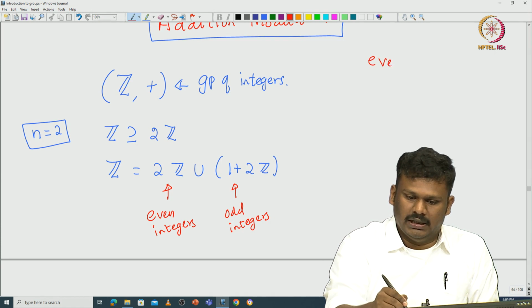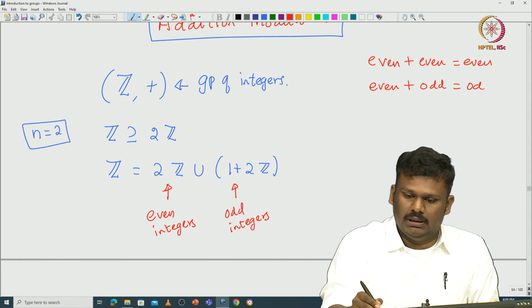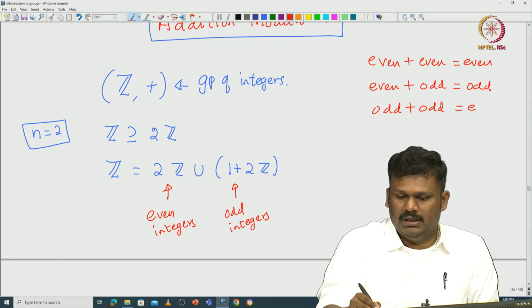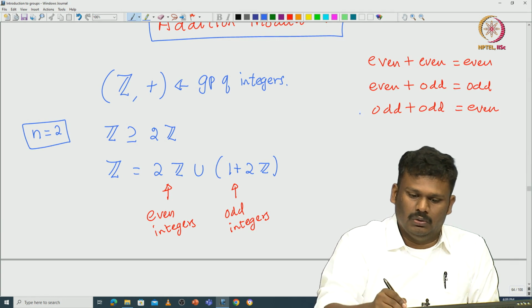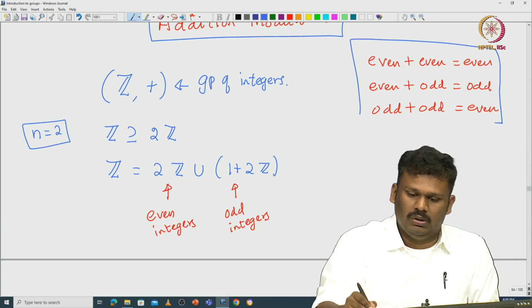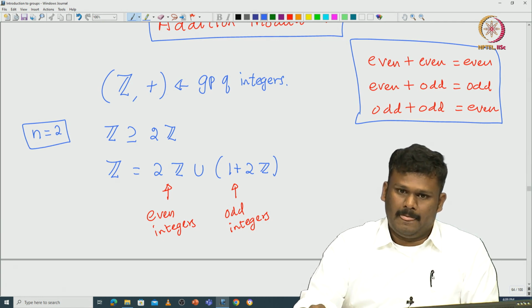I will write down the formula. Even plus even, you already know it is even, and even plus odd is odd, and if you take odd plus odd, then it must be even. This is something all of you know. Basically, what is encoded here is called addition modulo 2.